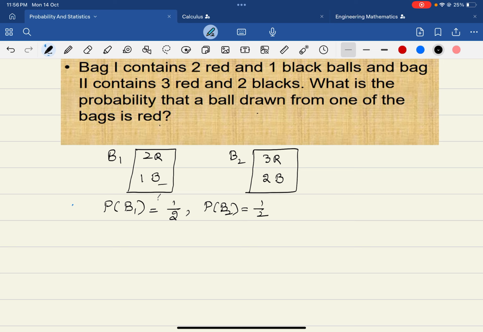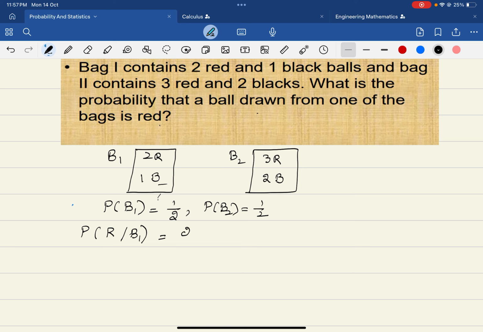Now let us have the event that we want to select the red ball. Let us have the red ball given that bag B1 is already selected, suppose. Then it is given by P of red ball from bag 1.